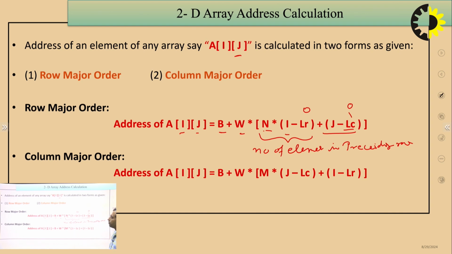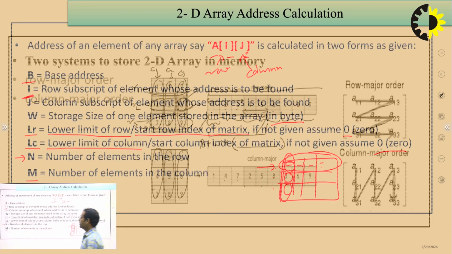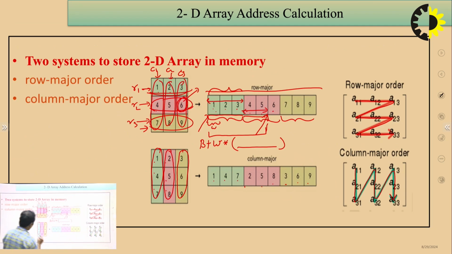So just come here, this is the column major format. If you calculate the address of this one, the 9, with indices 0 1 2 and 0 1 2, we want to calculate the address of this 9.